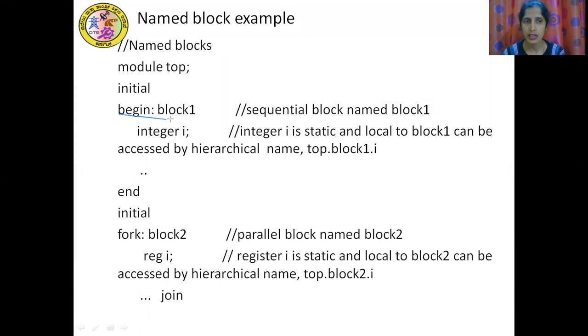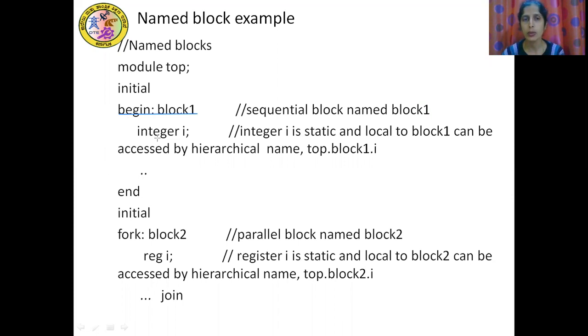Here we can see that the keyword begin is followed by a colon, which is followed by the name of the block. So the sequential block is named block 1. Within this sequential block 1, we can write a set of statements.